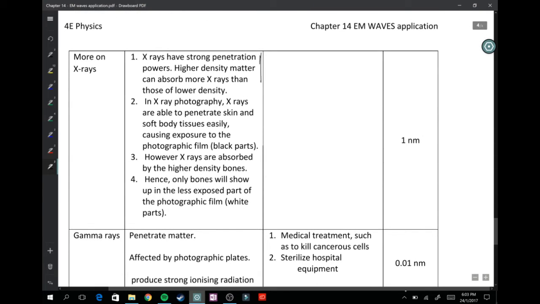X-ray has strong penetration. We talked about this. It's able to penetrate skin and body tissue, but not bone. So it's absorbed but not penetrated by it.